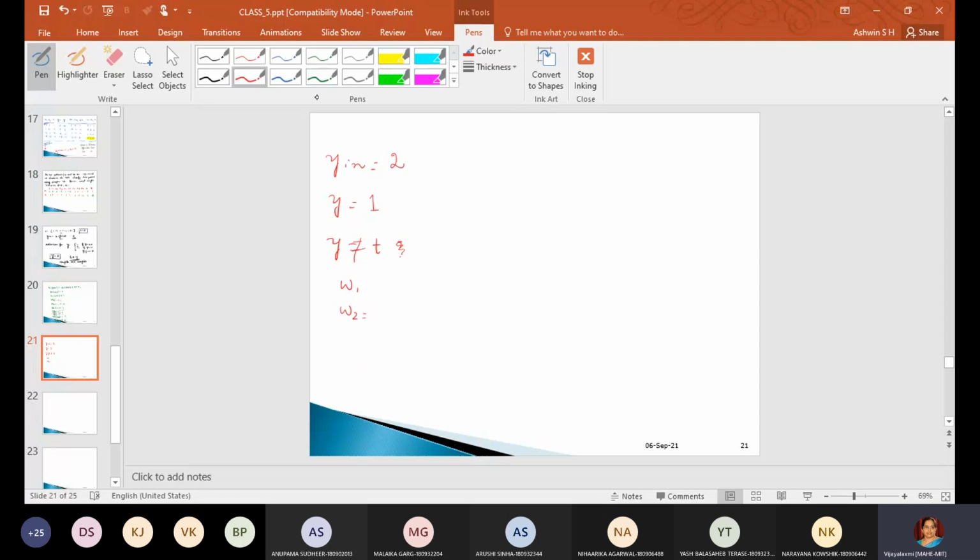I'll write here the weights. I'll just draw the diagram. So x1 to x9, x1, 2, 3, 4, 5, 6, 7, 8, 9.